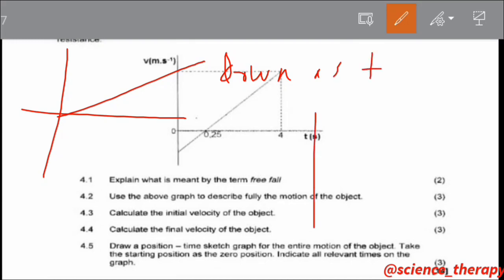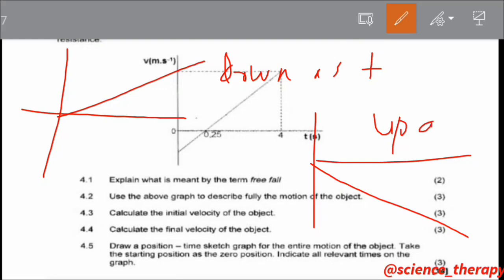An upward as positive graph looks like this, whereby we have a decreasing function. So this is for up as positive, remember, and that one is for down as positive. Because this is an increasing function for a velocity versus time graph, we know that they took down as positive, right?